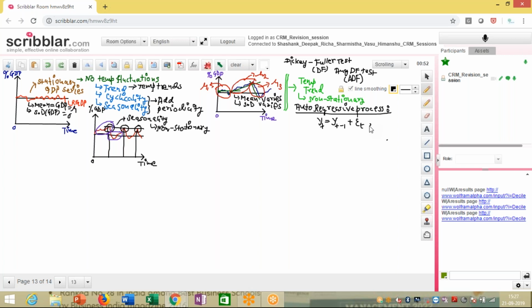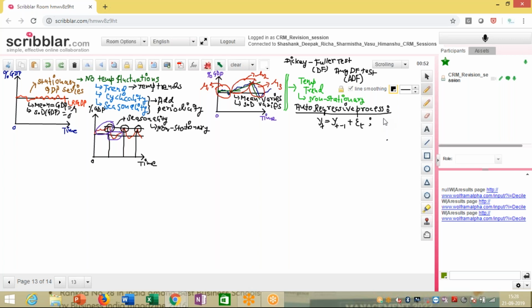So why do we do an autoregressive process? I'm coming to that. When we characterize any time series, models are broadly of two types. One is the AR process, or the autoregressive process, where we say that yt, the value of the variable at time t, is a function of its value in the previous or historic periods.